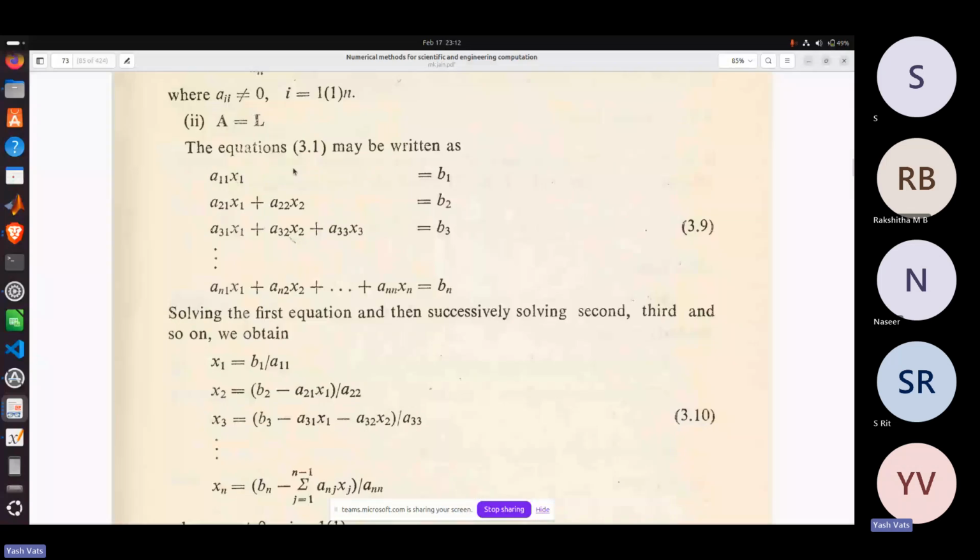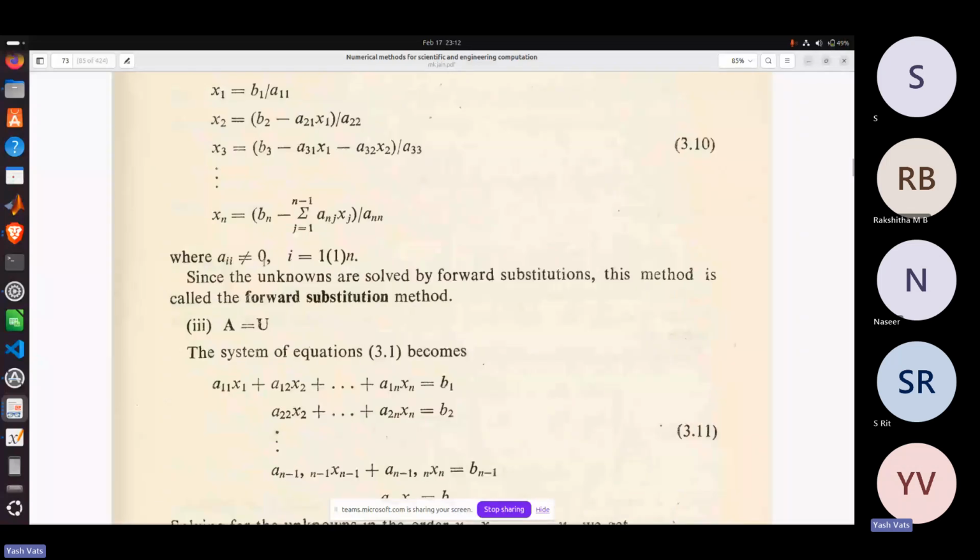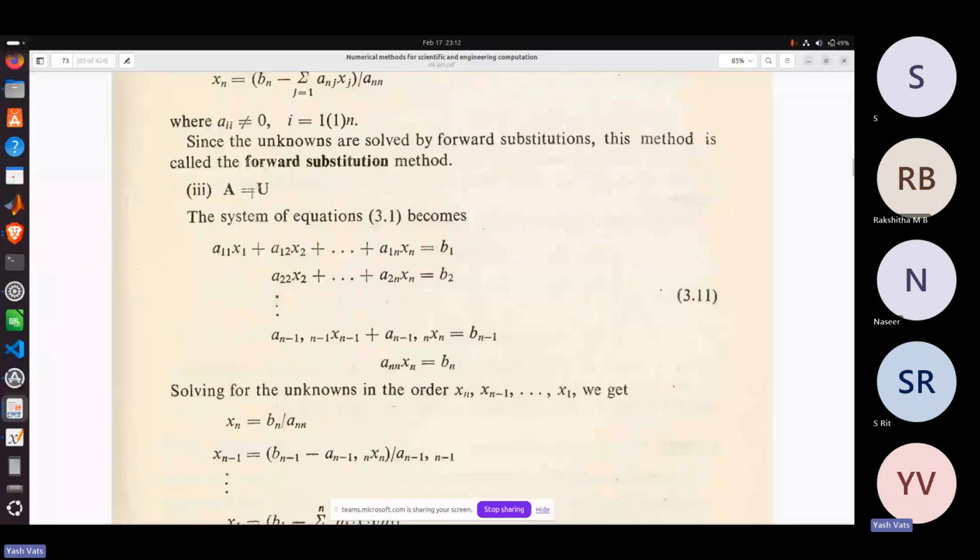You substitute x1 into your second equation and find x2. You substitute x1, x2 and find x3, and go on with the same procedure until you end up finding xn. You have the same procedure when A is an upper triangular matrix. I hope everyone knows what lower triangular and upper triangular matrices are.